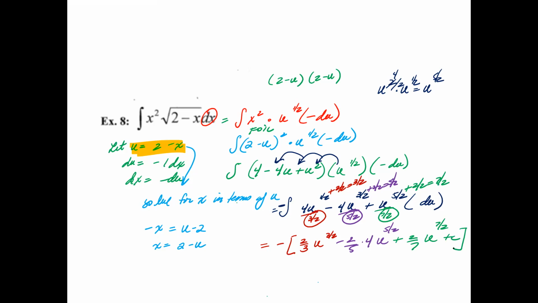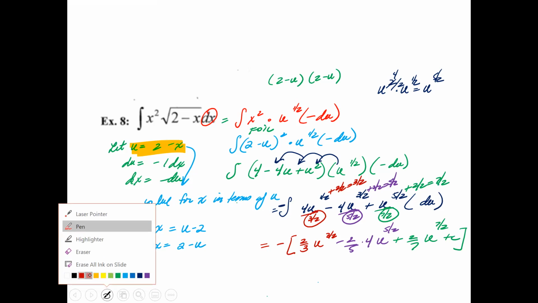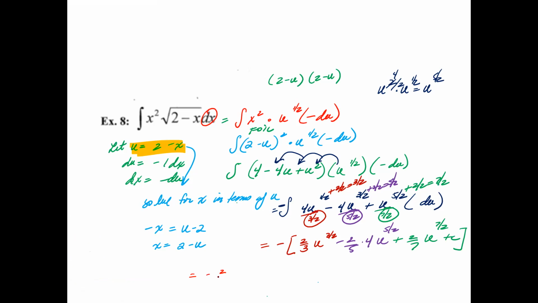There we go. And of course, your last step is to go ahead and distribute that negative, and replace the u back into its original equation. So negative 2/3 (2 minus x) to the 3 over 2, minus 2/5, or actually 2 times 4 is going to give me an 8, (2 minus x) to the 5 over 2, plus 2/7 (2 minus x) to the 7 over 2 plus c.